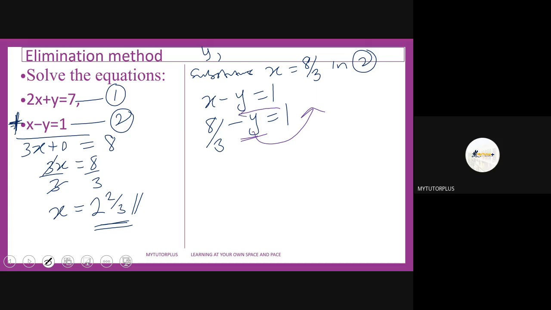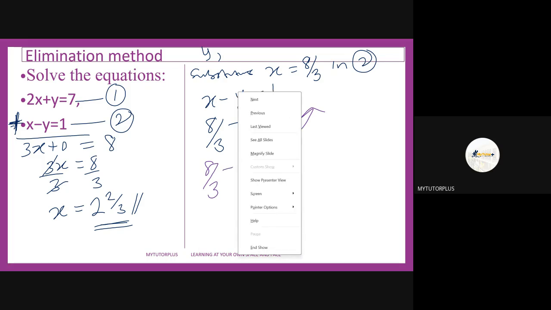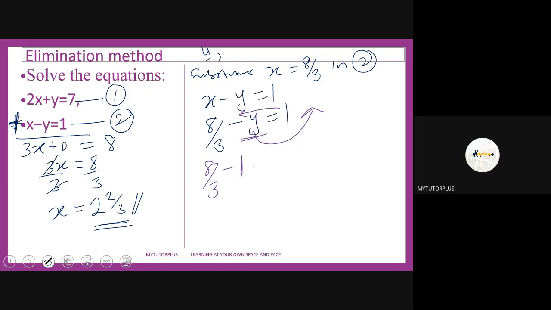If I take 1 to the left hand side, I'm going to have 8 over 3 minus 1, because it is plus initially, is equals to y. This is minus y from the starting; if you take it to the other side, it turns to just ordinary y. Is that still clear, please?